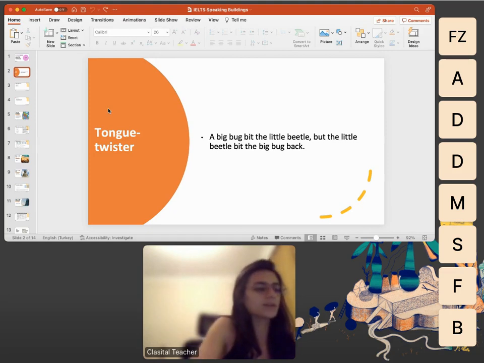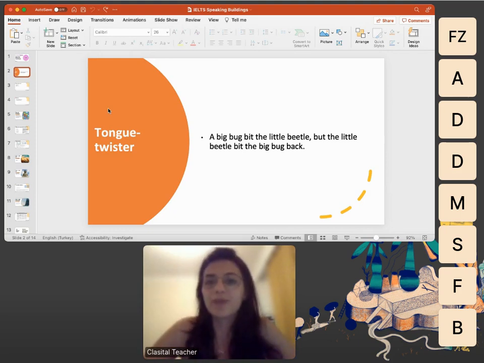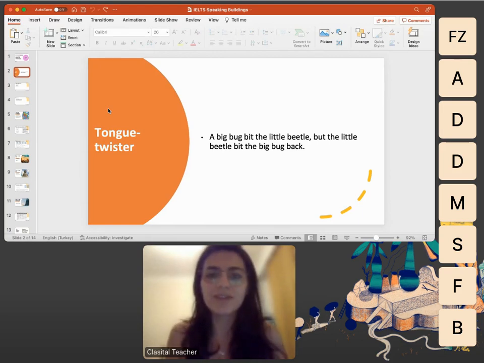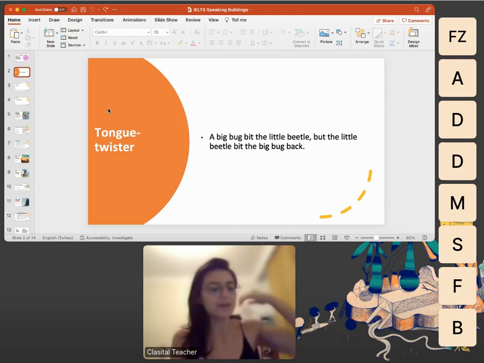So we'll start our class with a tongue twister. And what does this do? This basically helps you pronounce things more clearly, because as you can see on the screen, there are a lot of, for example, B's in this sentence, and we want to be able to read it clearly, and this will help with our speaking abilities. I will first read this tongue twister to you, and I will ask you to read it aloud.